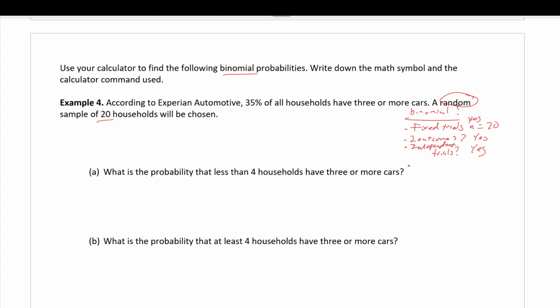And then probability of success is the same in each trial. Yeah, there's a certain 35% chance of a randomly selected household having 3 or more cars. So yes. 0.35.